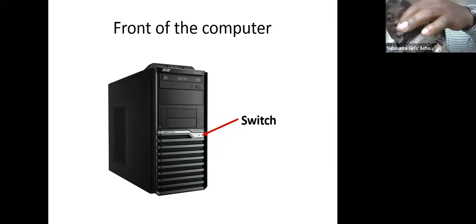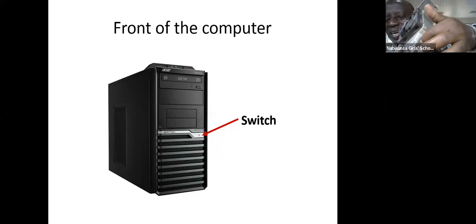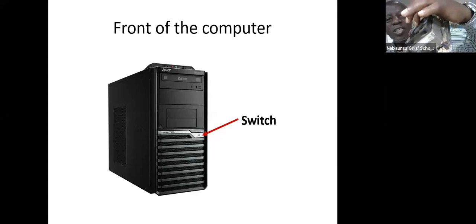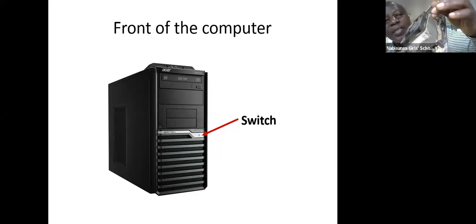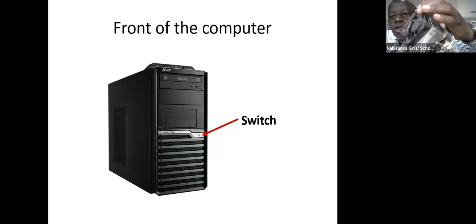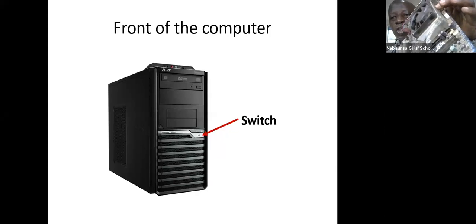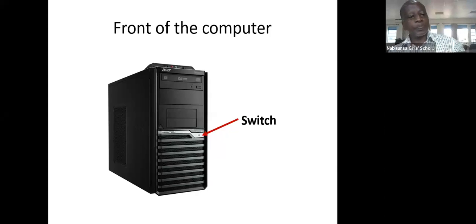The CPU requires these because it heats up so much; it is the part that works hardest in here and generates a lot of heat, and therefore it needs cooling all the time. So when this fan stops working and the sink heats up so much, the central processing unit will stop working. But for now, I cannot remove it for you because it is covered inside there. Next time I'll get it for you.